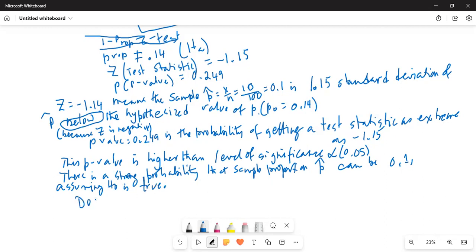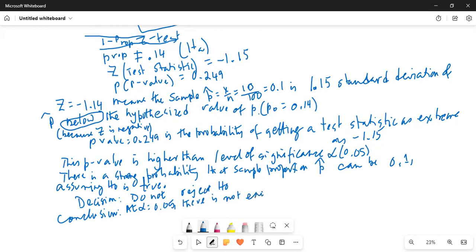And decision: do not reject H0. Conclusion: at alpha 0.05, there is not enough evidence to support HA, which states p not equal to 0.14.